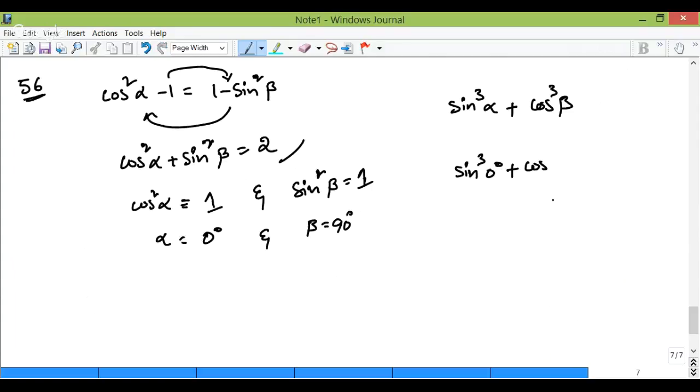It is correct. Sine cube 0 degrees plus cos cube 90 degrees, and cos cube 90 becomes 0. The answer is 0.